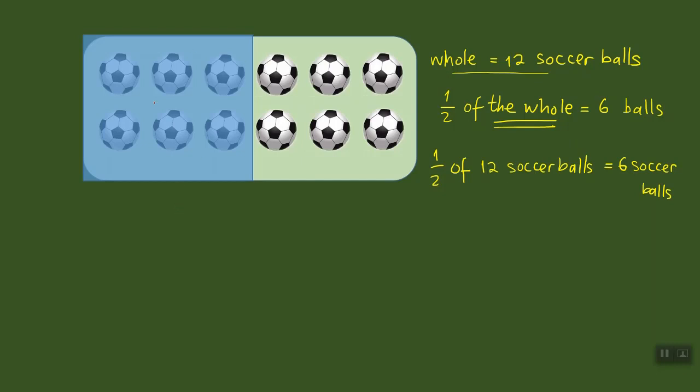Even though the covered part is different from before, it still has the same content of 6 soccer balls. Half of the 12 balls is 6 balls. I hope you can see that a half of 12 balls is actually the same as 12 balls divided by 2, isn't it?